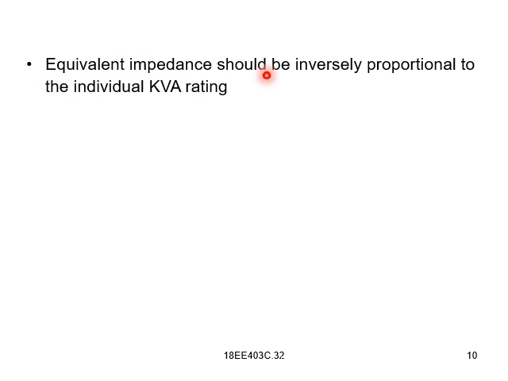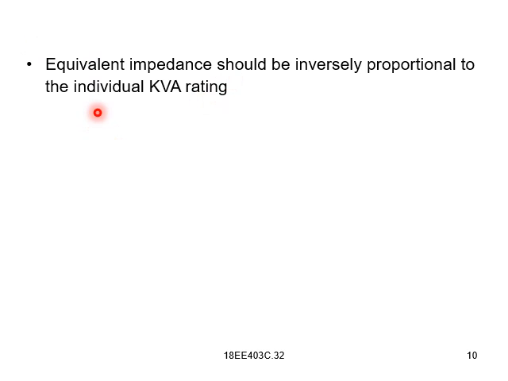The equivalent impedance should be inversely proportional to the individual kVA rating. I think these are all the conditions which we have seen in single phase transformers also. So the same conditions should be satisfied when three phase transformers are connected in parallel. You can observe here the same conditions are reflected, which we have studied in single phase transformers.